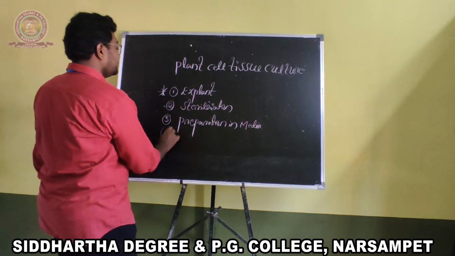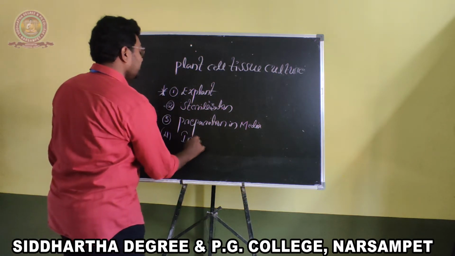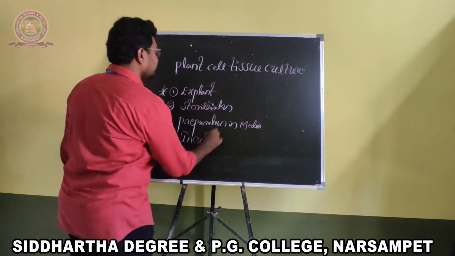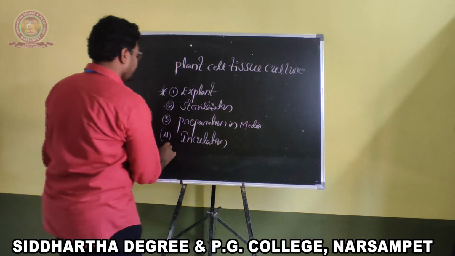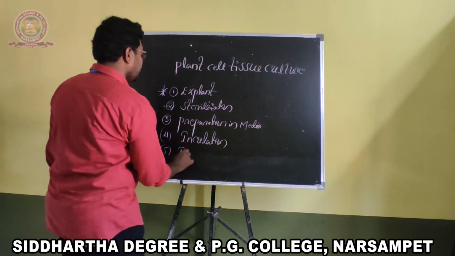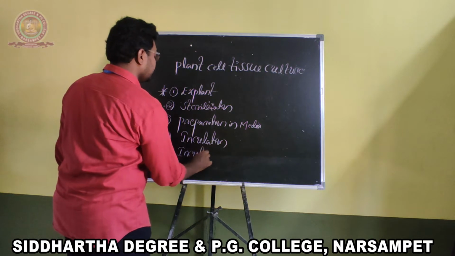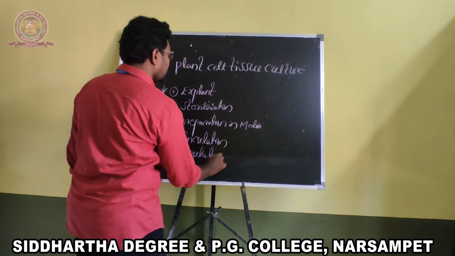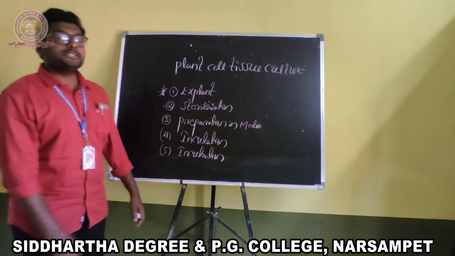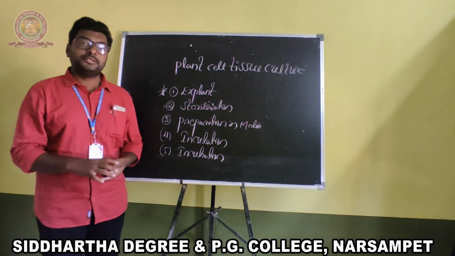Fourth one, inoculation. Fifth one, incubation. So these are the 5 steps involved in plant cell tissue culture.